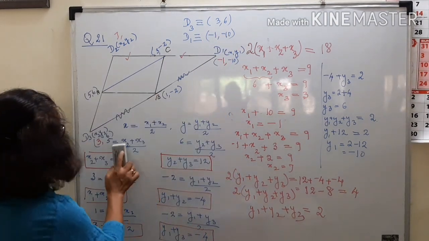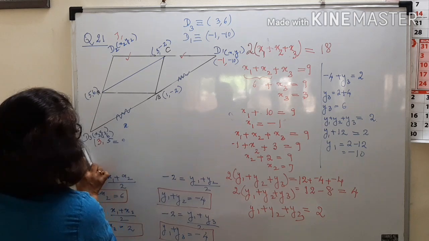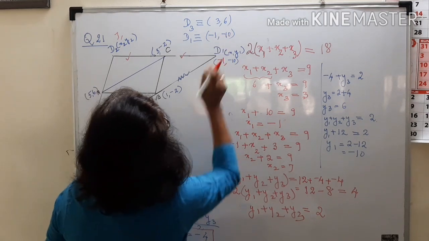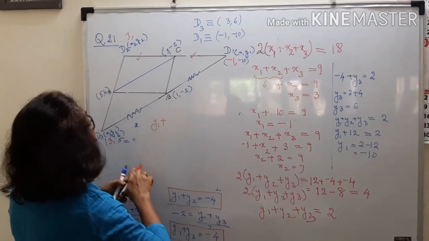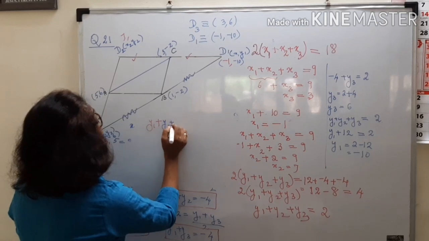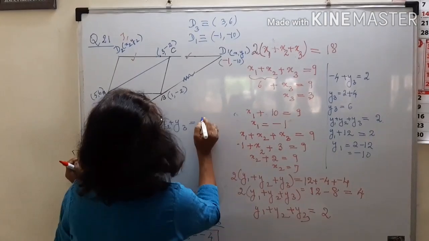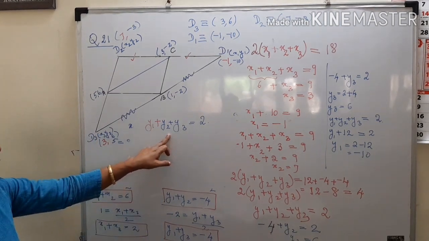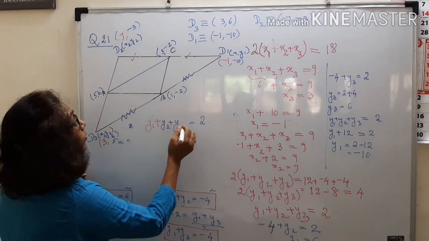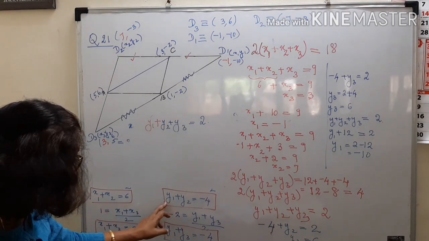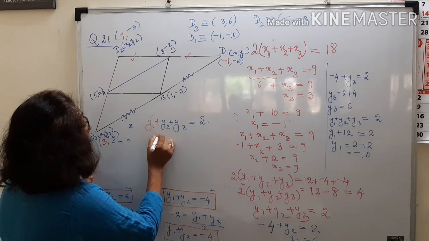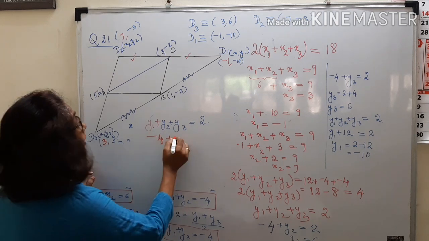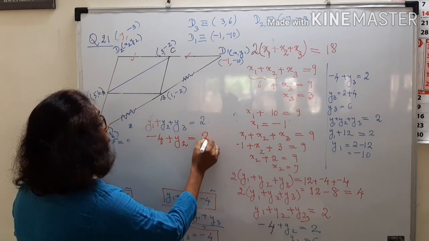Then we go ahead and calculate the value of y2. y1 plus y2 plus y3 is 2. So, we need to find out now y2. What is the value of y1 plus y3? y1 plus y3 is negative 4 plus y2 is equal to 2.